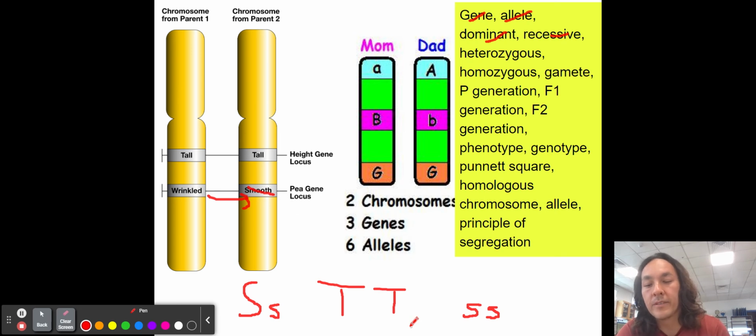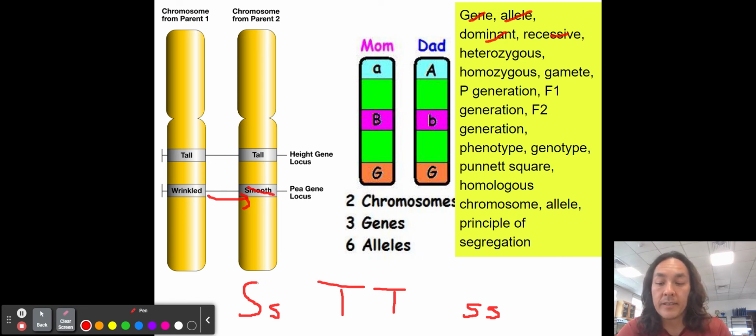One thing that's important to note, especially as you get to higher level biology, this wrinkled and smooth, they are actually both read by RNA polymerase and made into mRNA and made into proteins in a cell. It's just that the smooth protein is what you see.